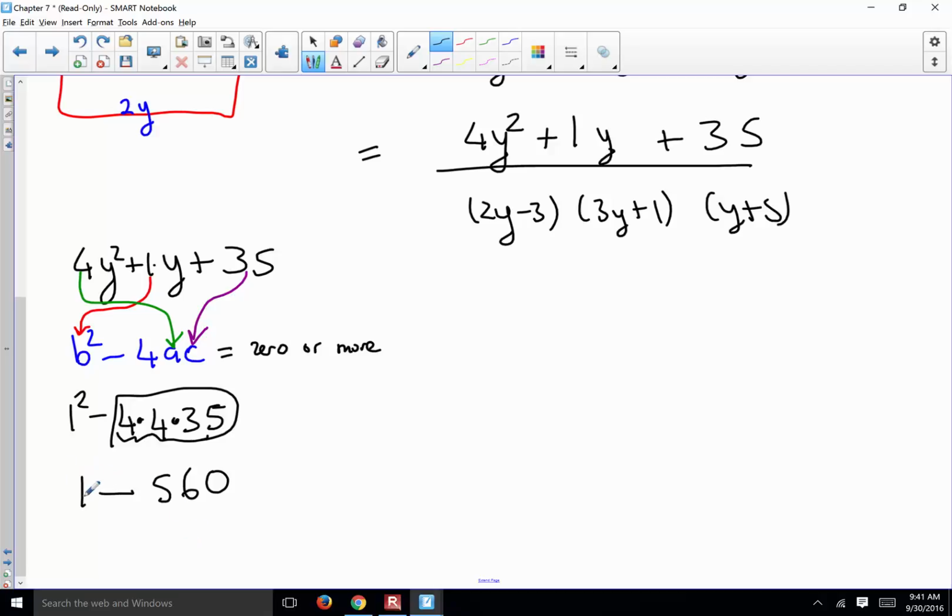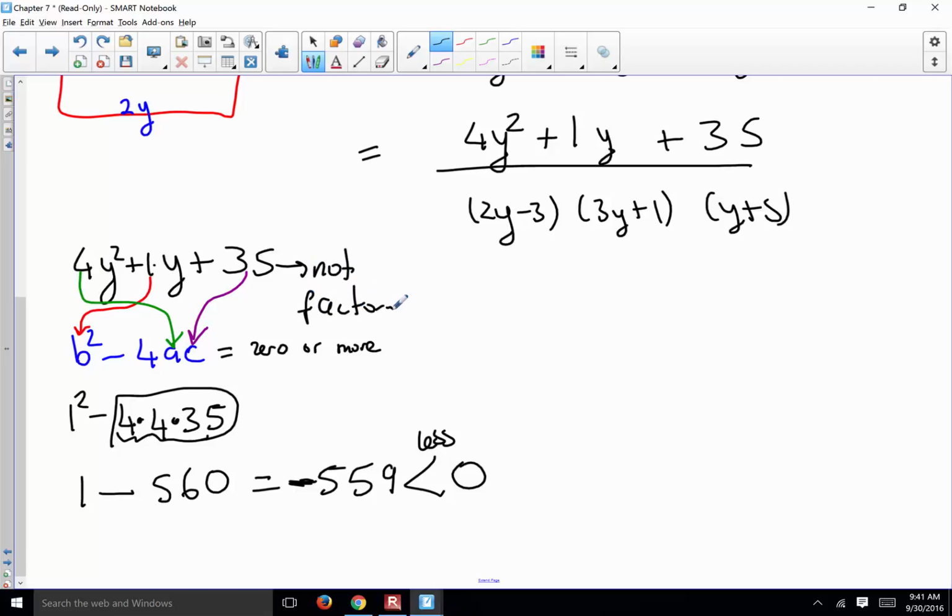If you subtract 560 from 1, you get a huge negative number. This is not more than 0, it's less than 0. That means not factorable, guys.